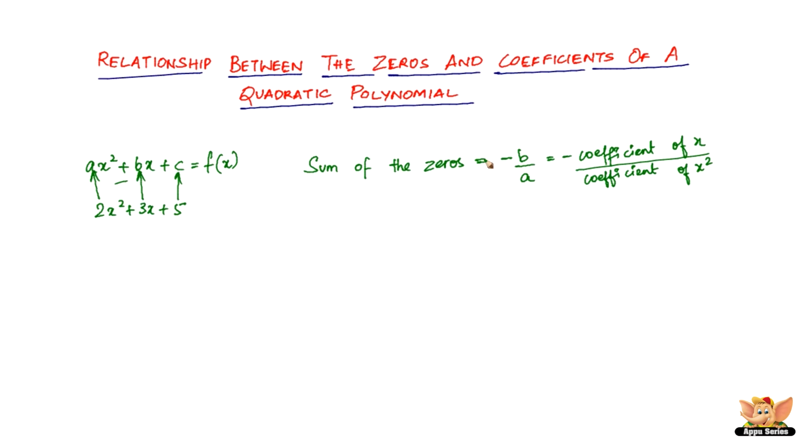So when you add the zeros, that is equal to negative b by a.